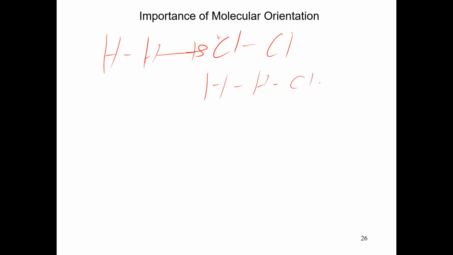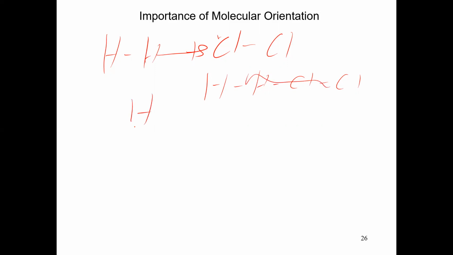Now, molecular orientation. The orientation has to do with, for example, if you got a hydrogen molecule coming to the chlorine, and it attacks from that end, the intermediate would look like this. Okay, this is unstable, of course, and this will fall apart.